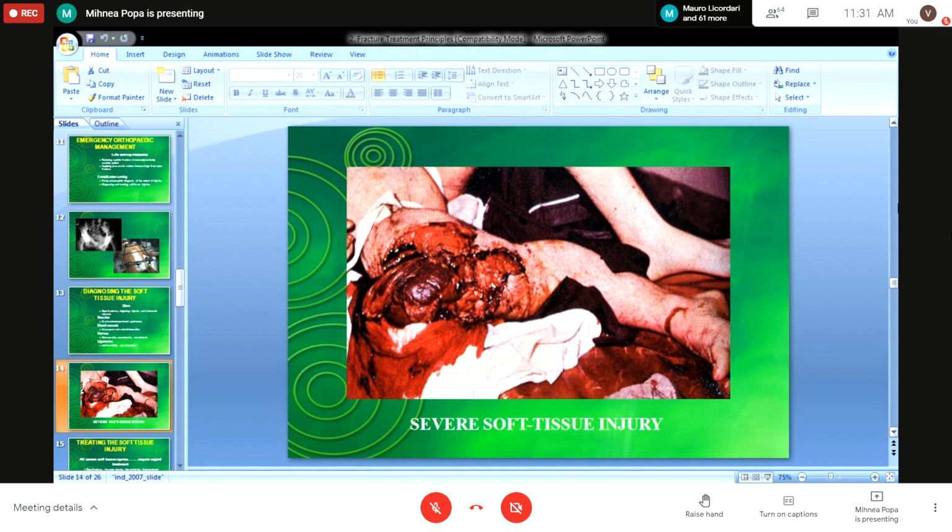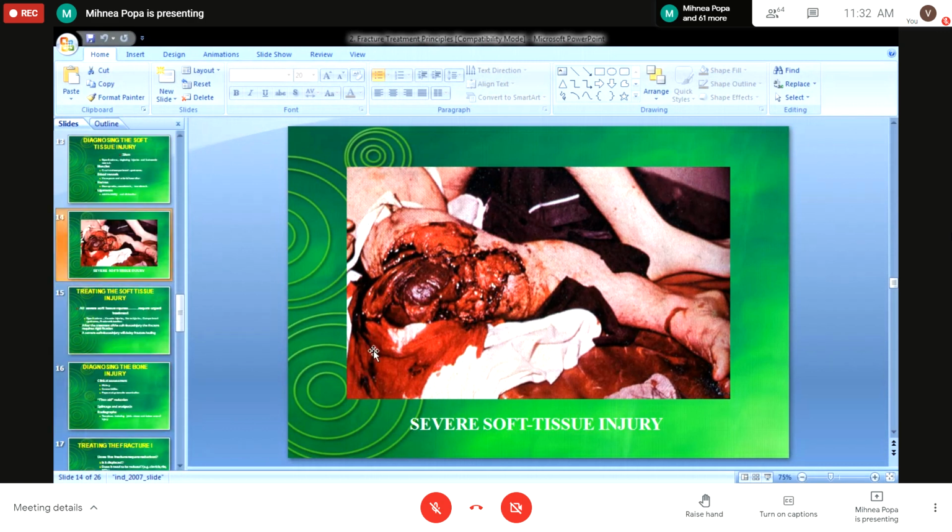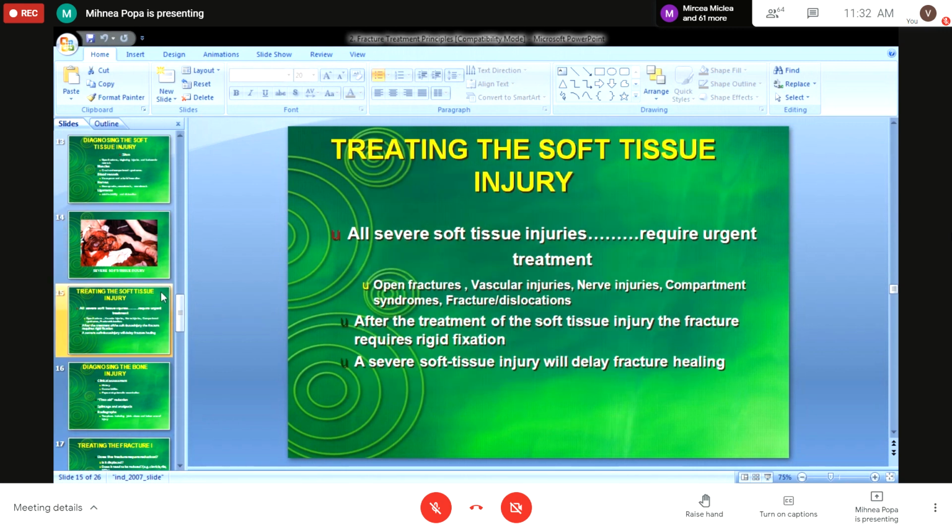So in these cases, we just put an external fixation that immobilizes the fracture until a second operation, when we will do a correct reconstruction of everything. Of course, in this type of patients, we will work together with the plastic surgeons and the vascular surgeons to make everything as close to normal as could be.